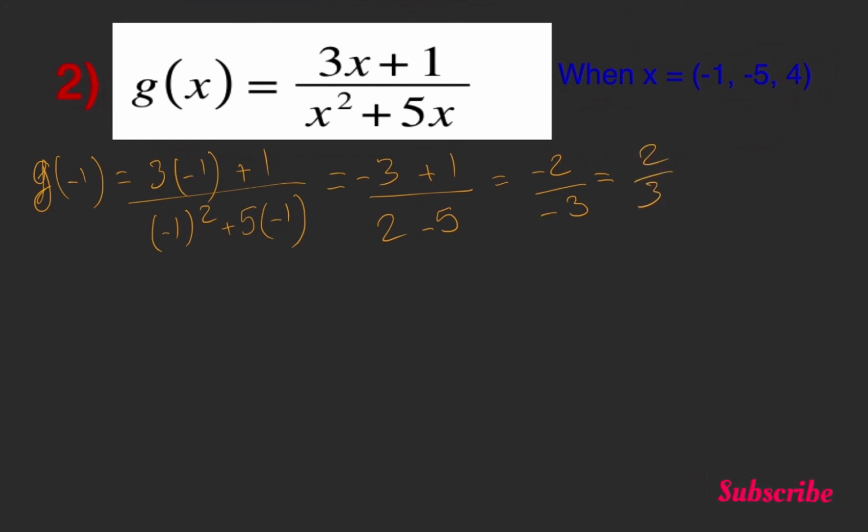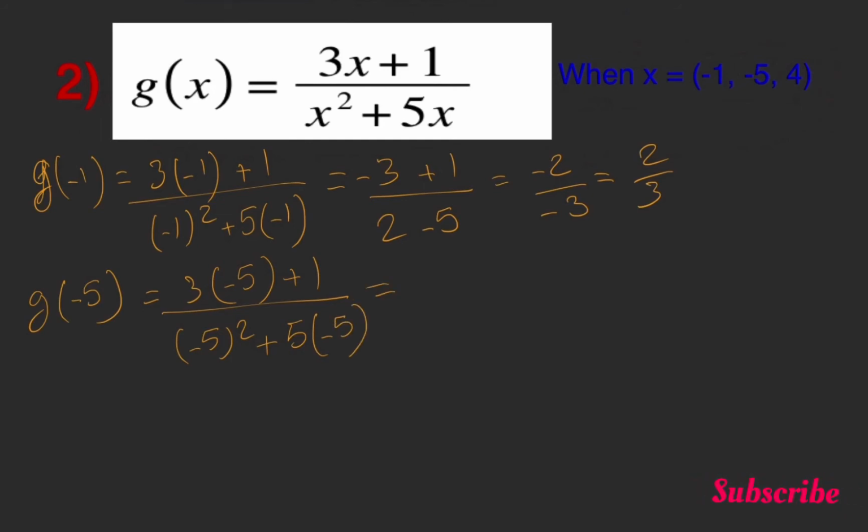Now let's solve the second one. g of negative 5 is equal to 3 times negative 5 plus 1 over negative 5 squared plus 5 times negative 5, which is equal to negative 14 over 0. I did this on purpose to show you what is going to happen when a number is not inside the domain. This is undefined, it can't happen.